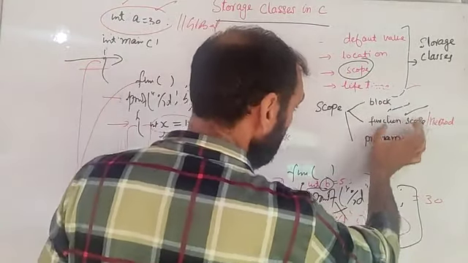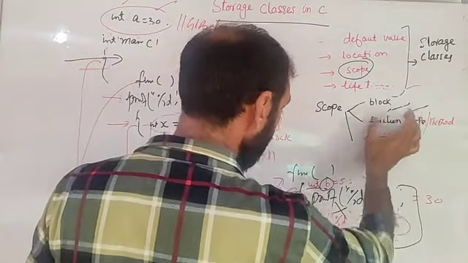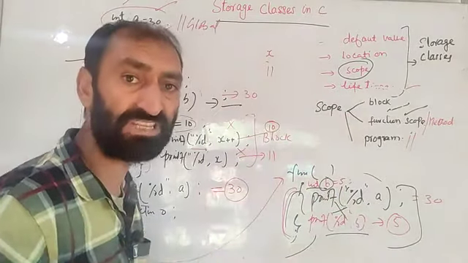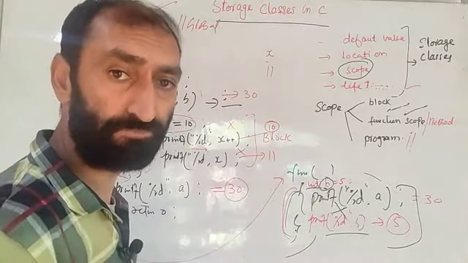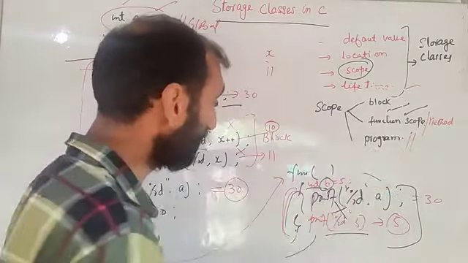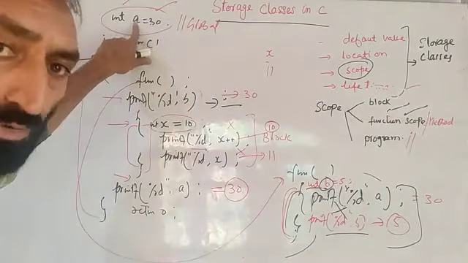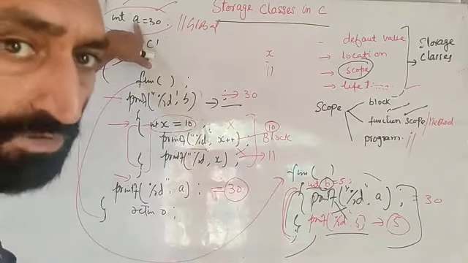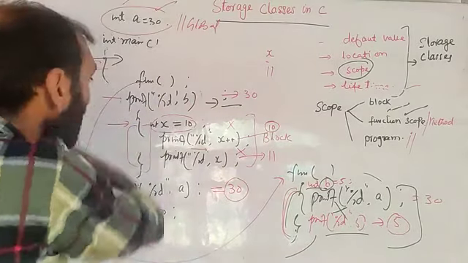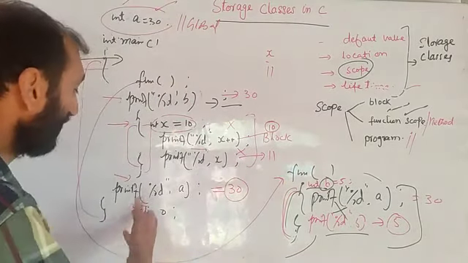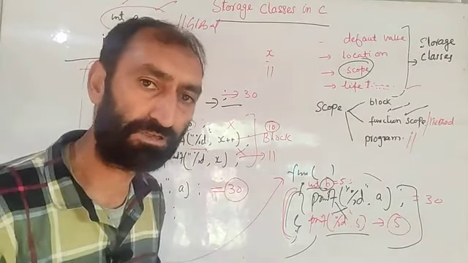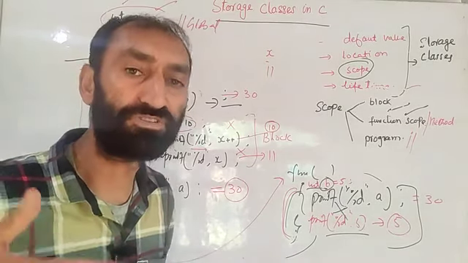In the same way, the lifetime of a variable declared in any function is only within that function. We cannot access that variable outside that function. And program scope: the variable declared outside, that is globally, can be accessed throughout the program. Whether the program contains 5 functions or 6 functions, we can access that variable from all of them.